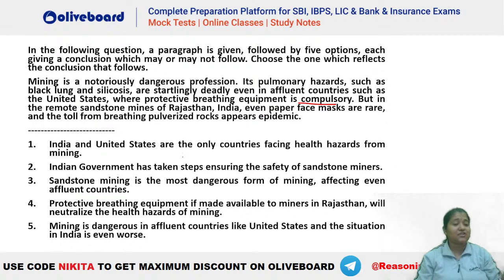That is why, Sachin, you can see 4 will not be the right conclusion here. Why? Because it says that if protective breathing equipment is made available to the miners in Rajasthan, then it will neutralize the health hazards. But you can see that it is not happening in the case of the US. They still have the breathing equipment, still they are facing these issues, isn't it?